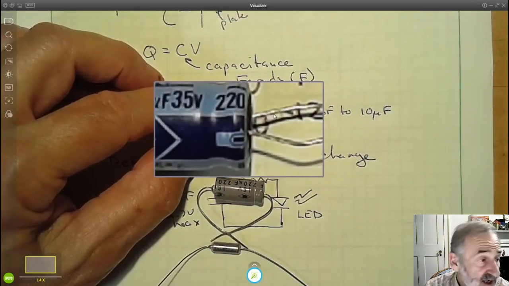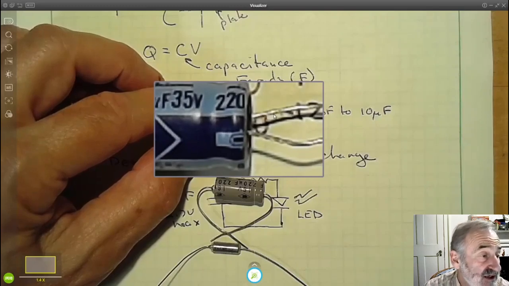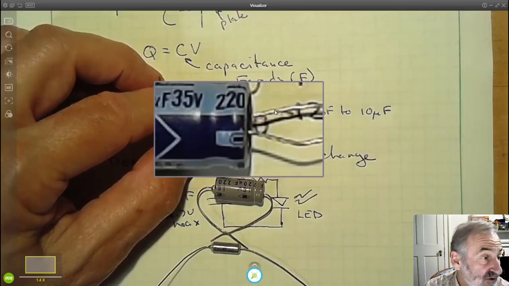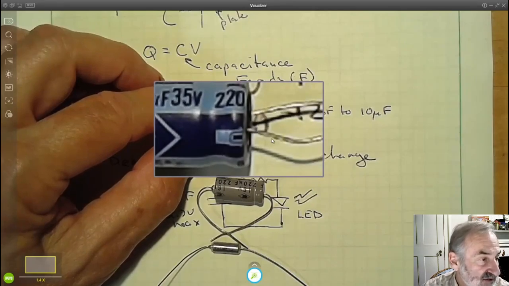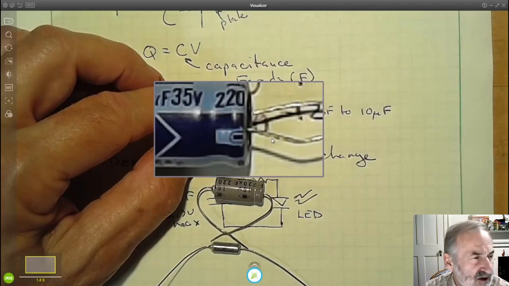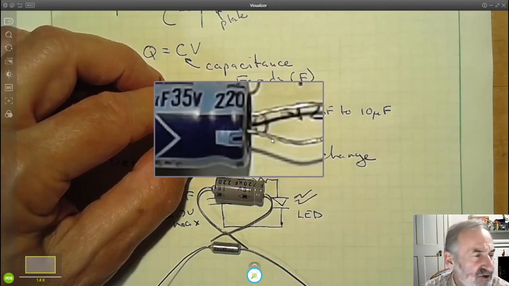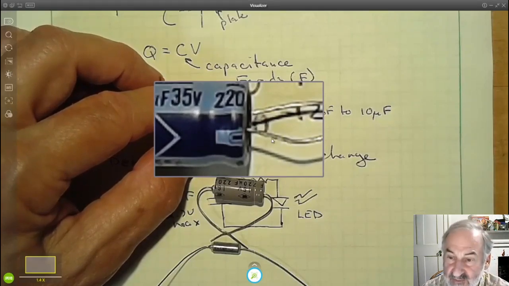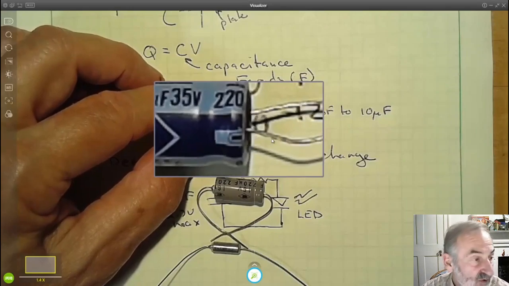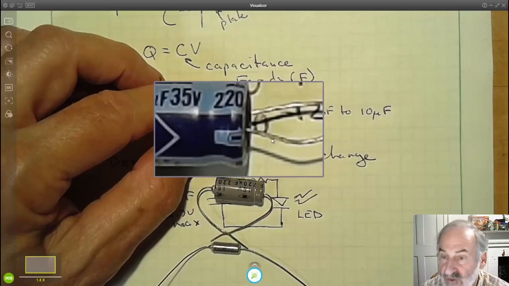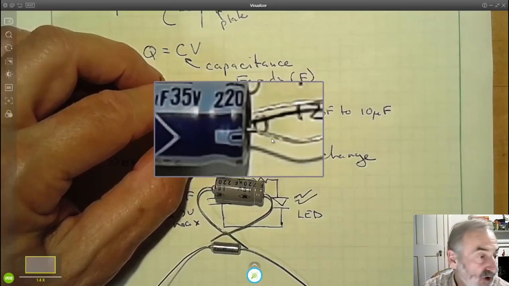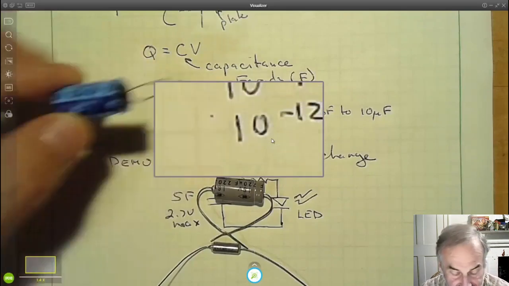What that means is you cannot use this in an application unless you can guarantee that the lead over here will be more positive than the lead over here. So that's one of the limits of electrolytic capacitors. In our lab, any capacitor over 1 microfarad is typically a polarized electrolytic. 1 microfarad and below are non-polarized, and they use a different technology.